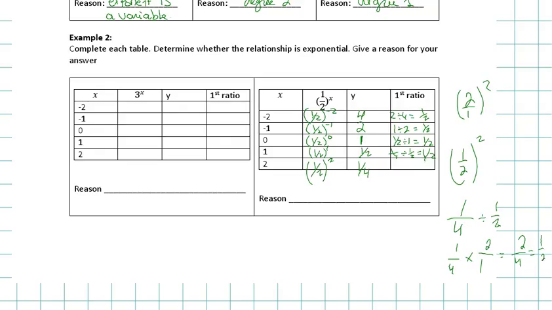So what do you notice about the ratio here? Is it the same as the base? What's your base? 1/2. That's your base, right? So your ratio is the same. So it is exponential. First ratio.